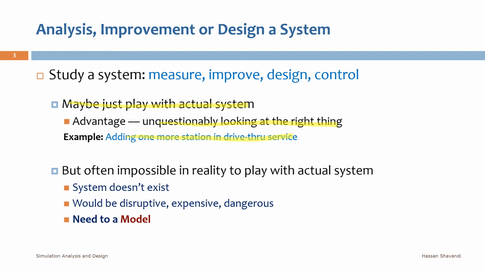But in many times, it's impossible to play with the real and actual system because it's expensive, because it's not doable in technical aspects, or because it's not safe to implement the changes that we have no idea about their impact in other systems or other aspects, right?